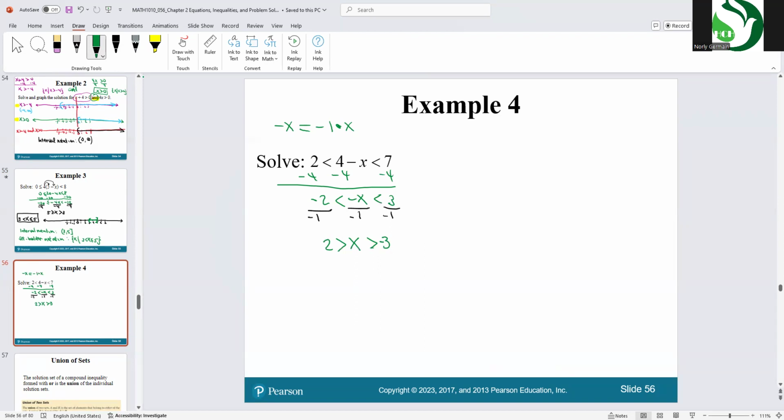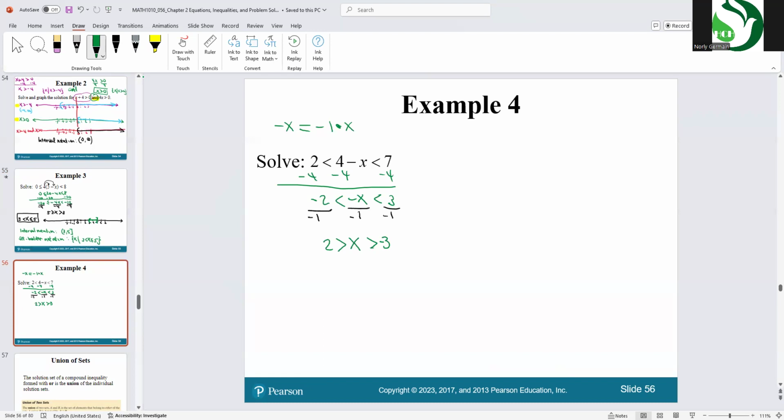The first thing to do is always try to distribute if it's possible. Subtract from each part to isolate the x term. You simplify each part. Then we divide. Remember that the sign direction changes when you divide by a number less than 0. That's why you see the inequality symbols change.